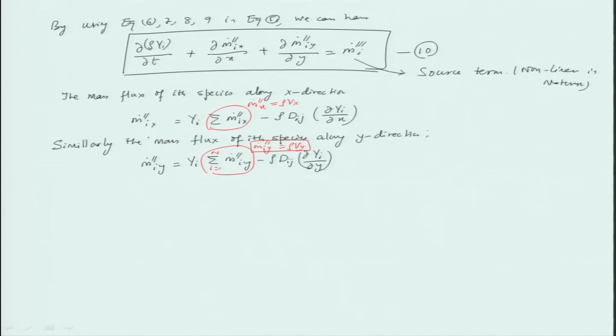So, what will I write down? I can write down here itself as y i rho v x minus rho D ij dx. Similarly, I can write down rho v y minus rho D ij. Let us say this is 11 and this is 12.